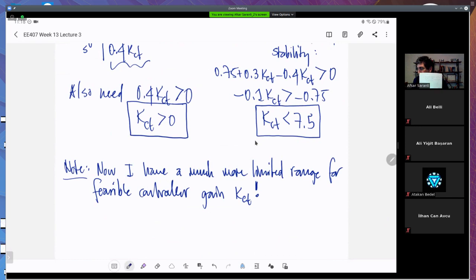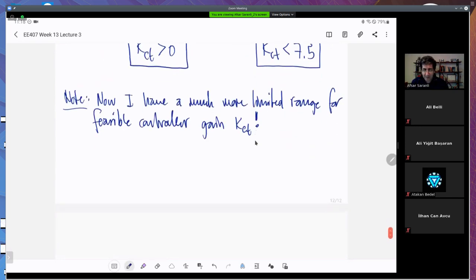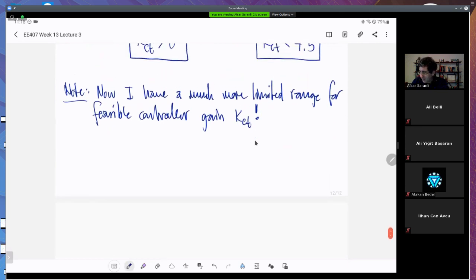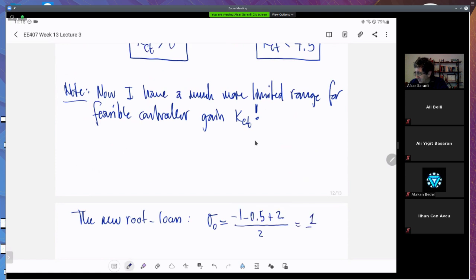In fact, let me do that. We have enough time. So the new root locus: our centroid is at -1 minus 0.5 plus 2 over 2, so it is at 1/2.